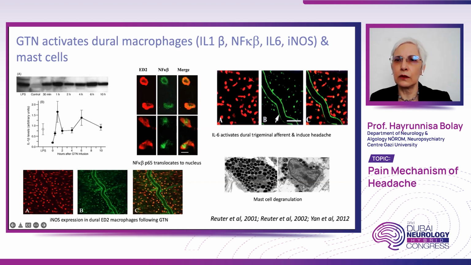You can see the co-localization of IL-6 and these ED2-positive macrophages. At later time points, there is also iNOS expression, which is important for the sustained pain response. These changes in the dura mater are also associated with mast cell degranulation, so another immune cell also participates in the periphery.